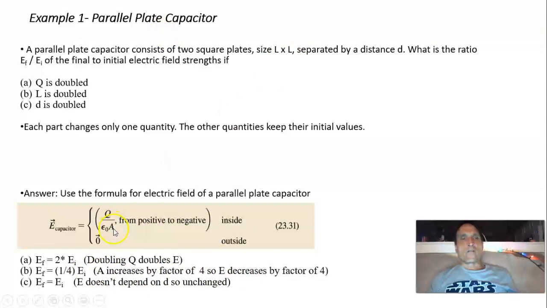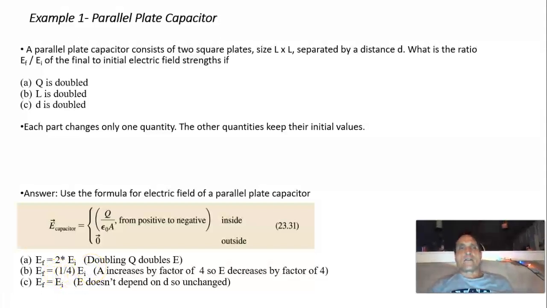And if the area is 4 times larger and we don't add any more charge, then the charge per area is only 1/4 of what it was, and the electric field is also only 1/4 of what it previously was. So in other words, the electric field is reduced by a factor of 4.